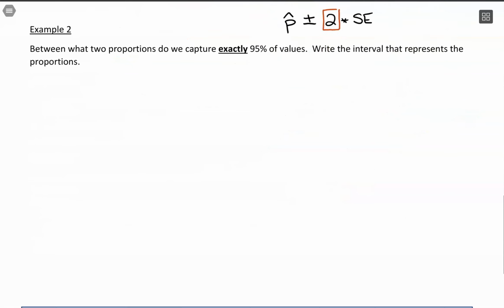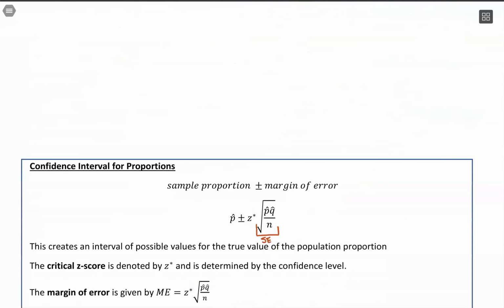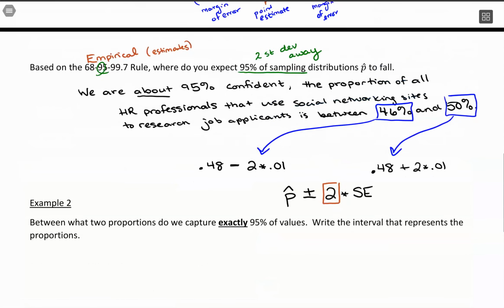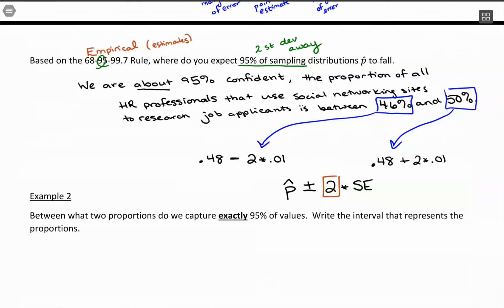Now you're seeing Z come through here in the formula, and it is because that is related to a Z-score. So remember, Z-scores are this distance away from the mean in terms of standard deviations. So this 2 right here is this Z-score that's saying go 2 standard deviations above, 2 standard deviations below.